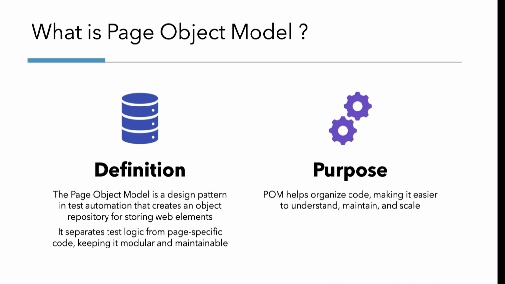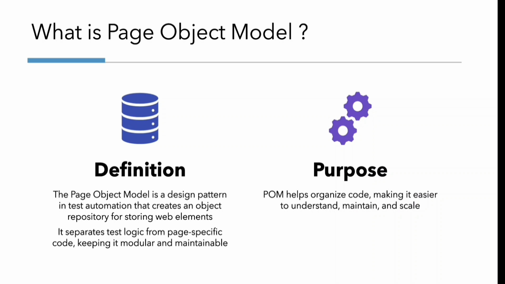Instead of calling the element directly, we create the page as an object, and then we call the element with the help of a method. That's what we do in this framework, guys. It separates the test logic from our page-specific code, where all modules will be well defined, maintainable, and reusable.